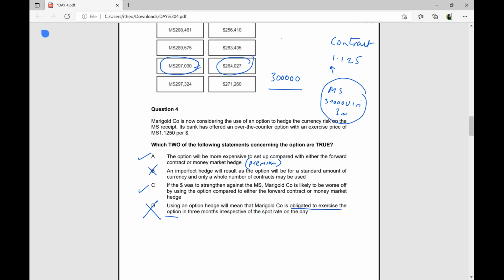It's an indirect quote, so you divide. You do a contract at this rate, and you will receive 266,666 dollars.